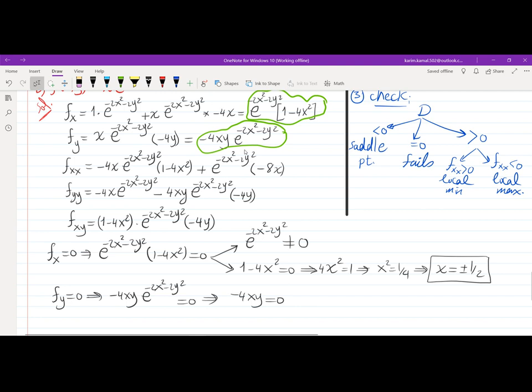This means that xy equals 0, and using these values to get the corresponding y values, at x equals half, y equals 0, and at x equals negative half, y also equals 0.